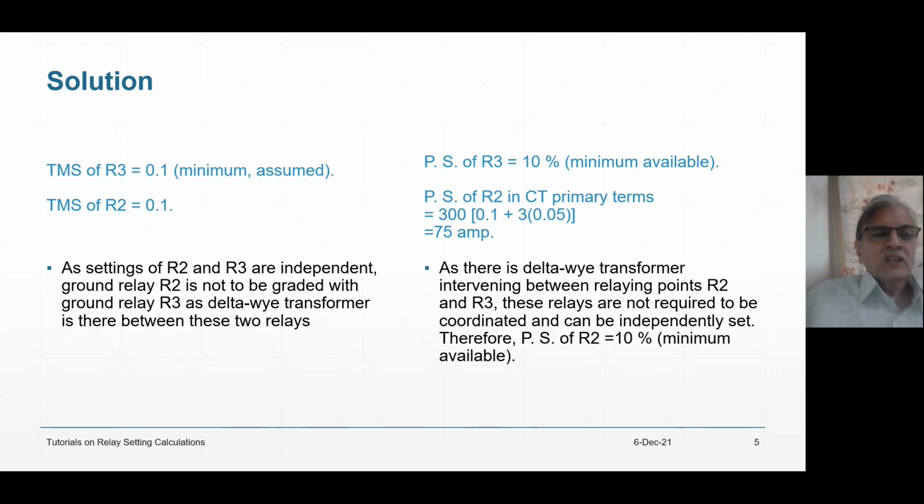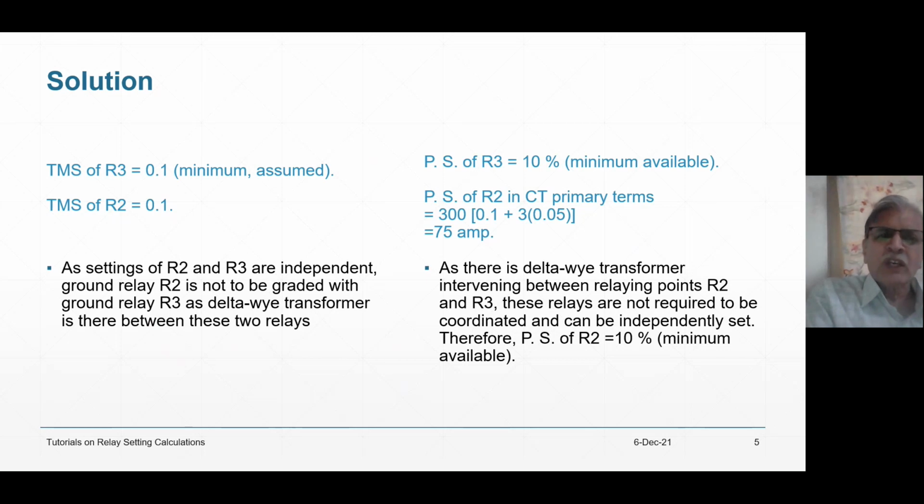Now, as settings of R2 and R3 are independent, ground relay R2 is not to be graded, as I told you. Plug setting of R3 is 10% minimum, right? So TMS of R3 is 0.1, TMS of R2 is 0.1 because they are not to be graded, right? Time multiplier setting, we go for minimum.